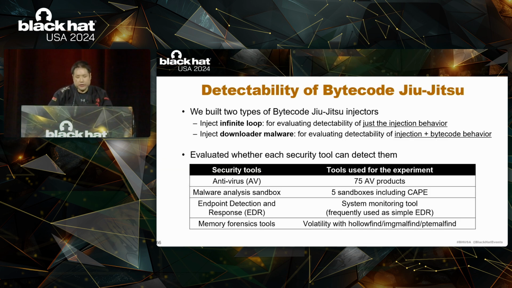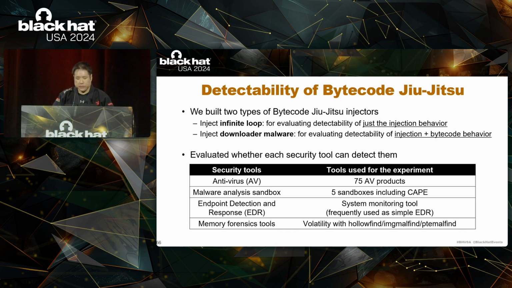So we also evaluated the detectability of Bytecode Jiu-Jitsu. We built two types of injectors. The first is the one that injects infinite loop for evaluating the detectability of just the injection behavior. The second is that injects downloader malware for evaluating the detectability of behavior, including the injected bytecode.